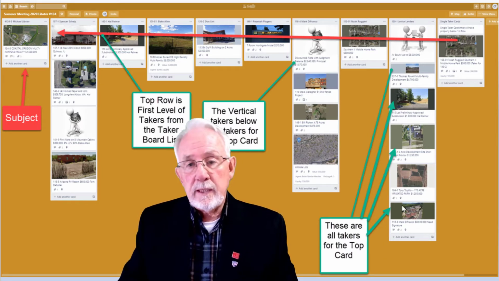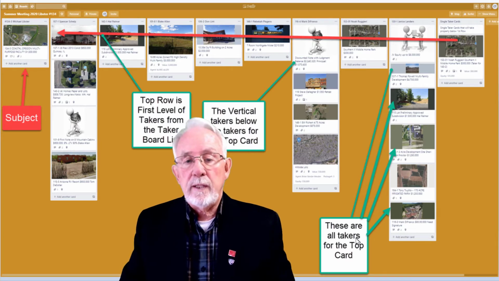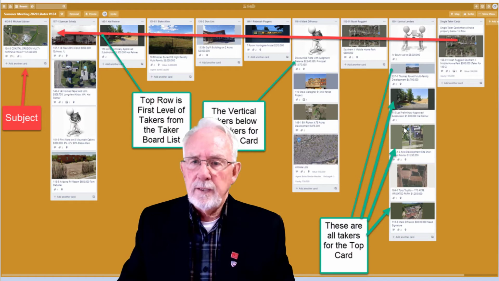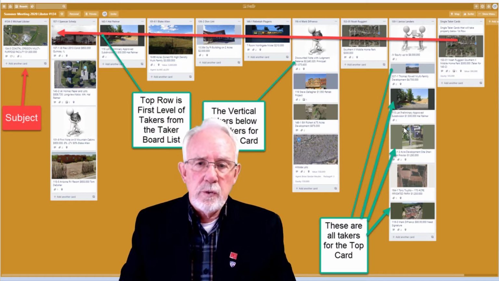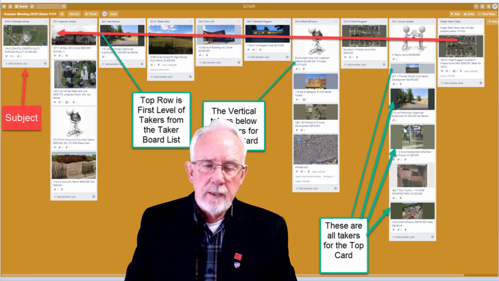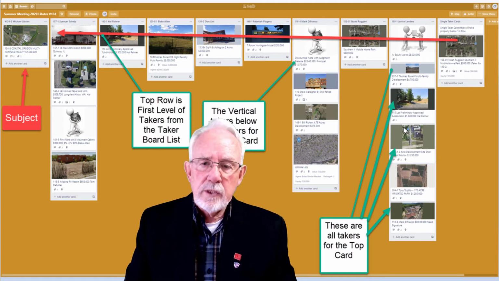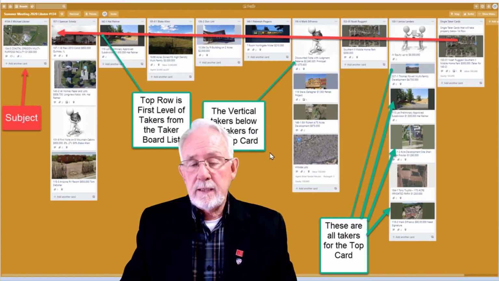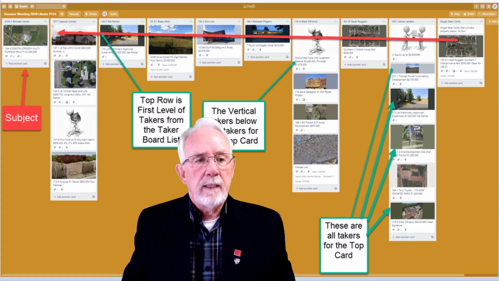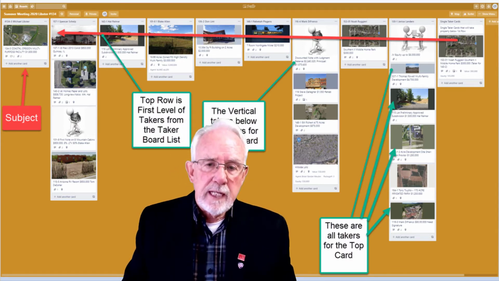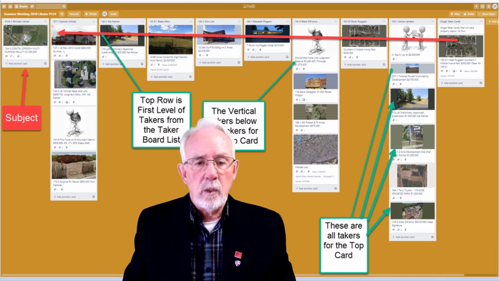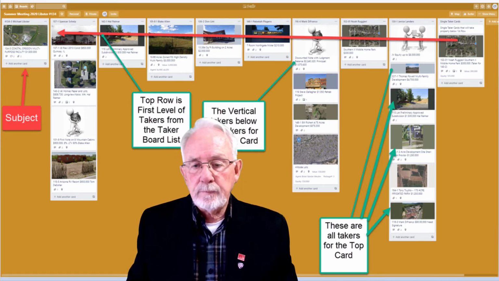And so you can see over on the right-hand corner that these are all takers for the top card. So you want to look at each card in the top row and see who the takers are for that card. What that means is that now your client can have their choice of anything on that board, and that should work in a three-way deal.